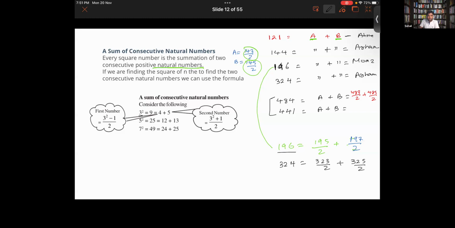Sir, 220 for the A and 221 for the B. 220 upon 2 now? No, sir. Okay, just 220. Yes, sir. 220 plus 221. Okay, let me check that.